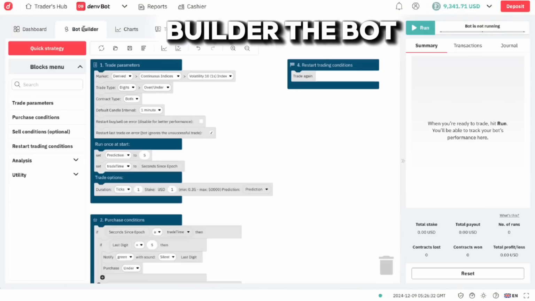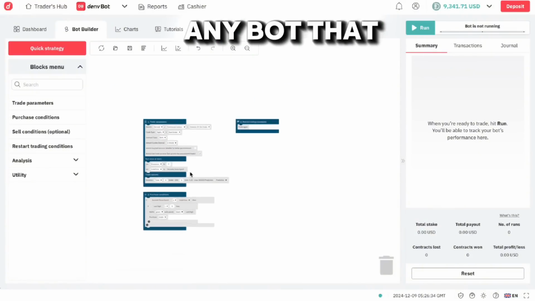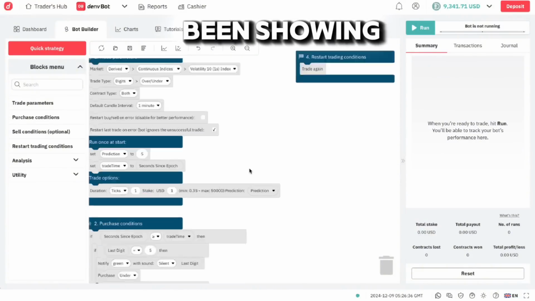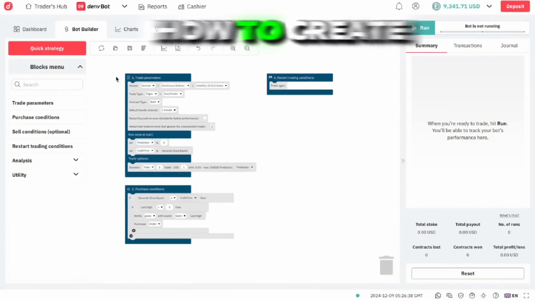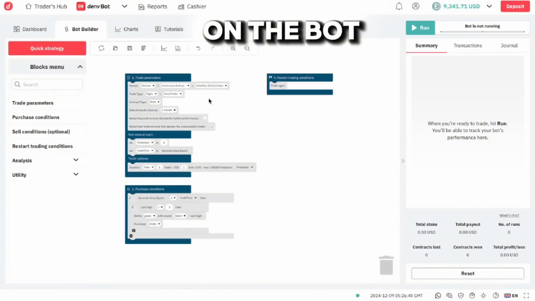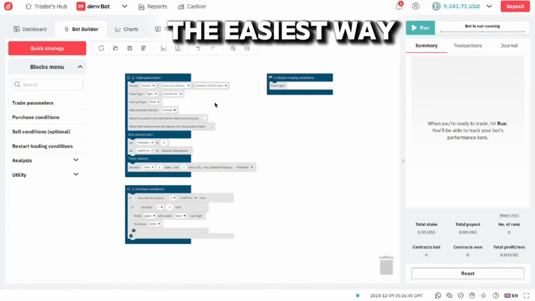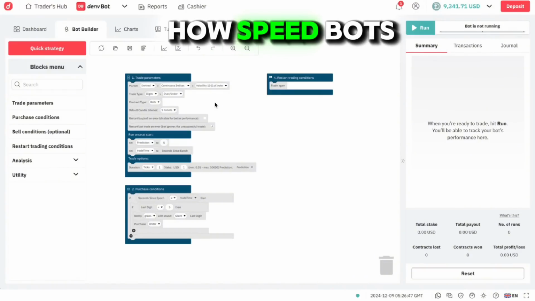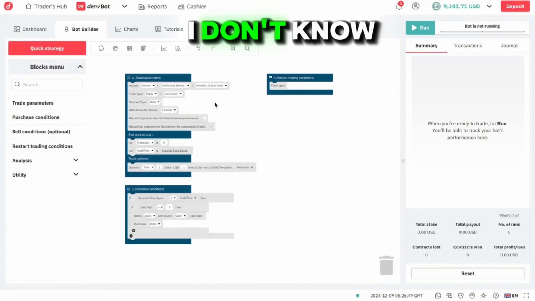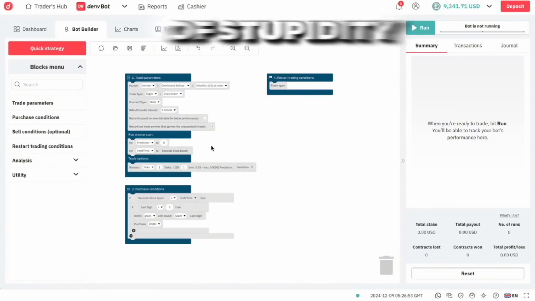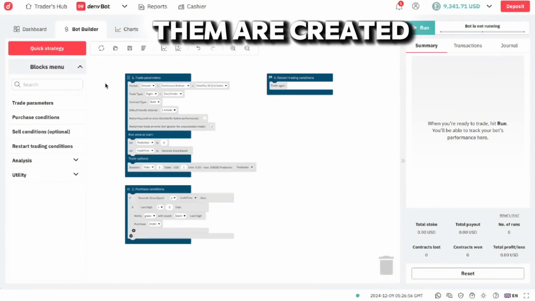And the bot builder, here you can build any bot that you want. This is the part that I've been showing you how to create. If you wanted the quickest and easiest way to create a bot, this is how speed bots are created. I've seen Dollar Printer's expert speed bot and many others, just a lot of stupidity, but all of them are created through here.